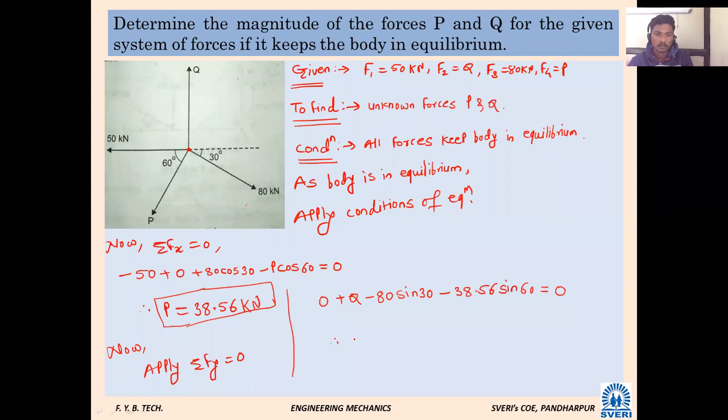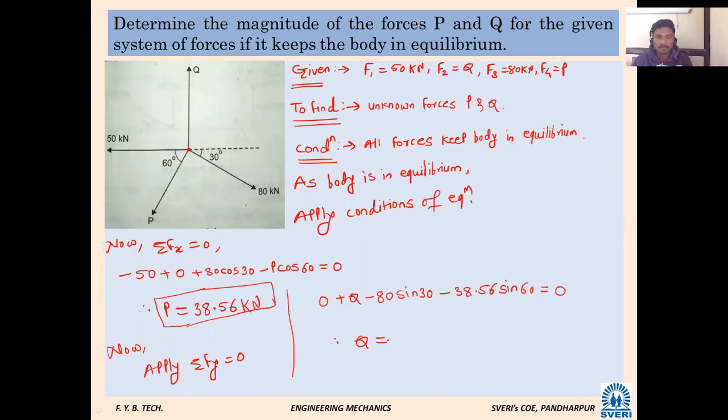From this, calculate Q. Are you observing? If your value of P goes wrong, automatically your value of Q will go wrong. That is the specialty of our subject. If initially you commit a mistake, further things will go wrong automatically.